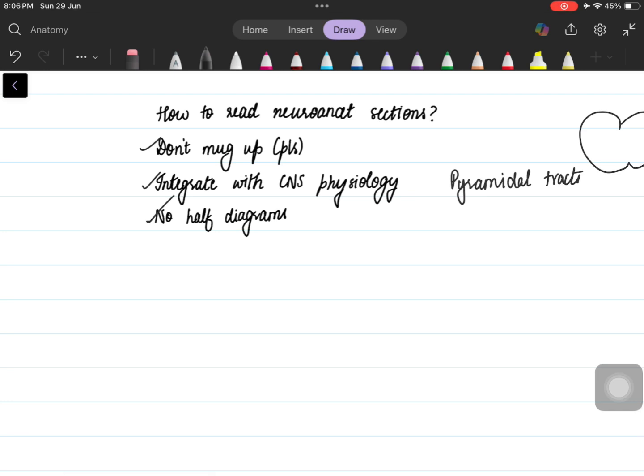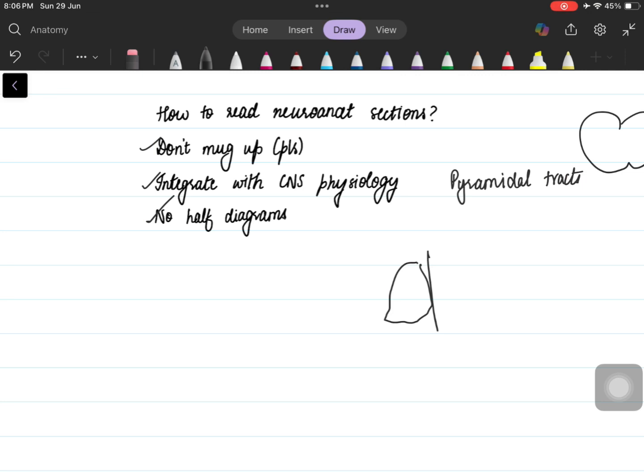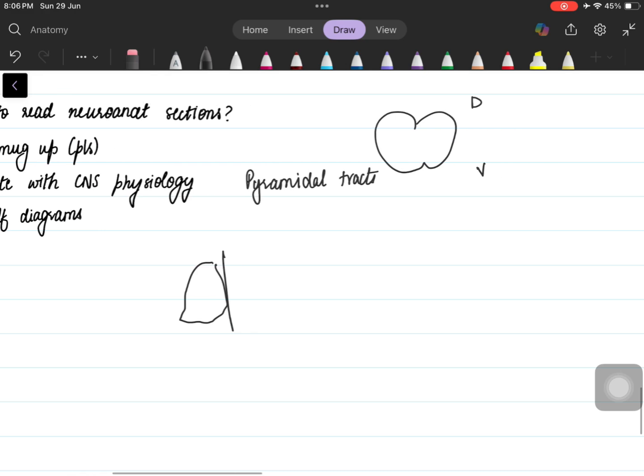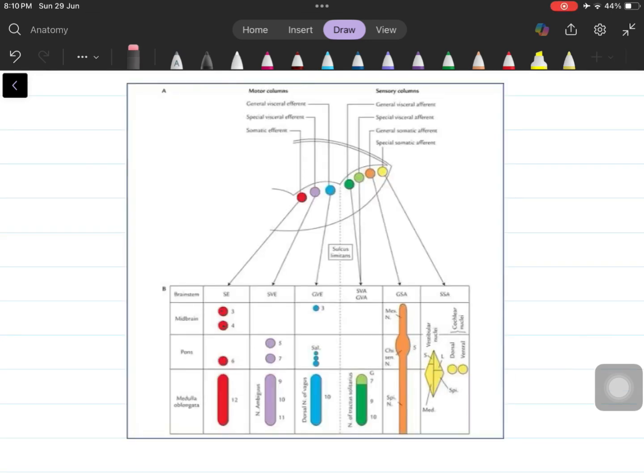I've specified this because the Vishram Singh gross anatomy textbook has a lot of diagrams that are sort of cut in half, looking something like this. Those diagrams are not acceptable for your exams. People should say this more often. Please learn complete diagrams, preferably from the Inderbir Singh neuroanatomy textbook.